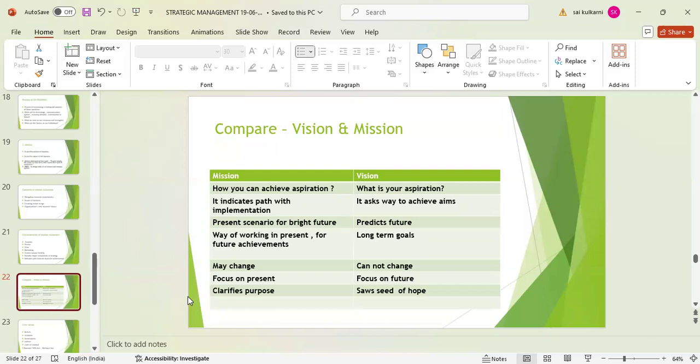The vision or your ultimate aim is the same, but you can change your way to achieve that goal. So the mission statement can be changed, but the vision statement never changes. It is stable. The vision statement is the soul of the organization. Why the organization is in existence can be defined by the vision statement. So the vision statement never changes.